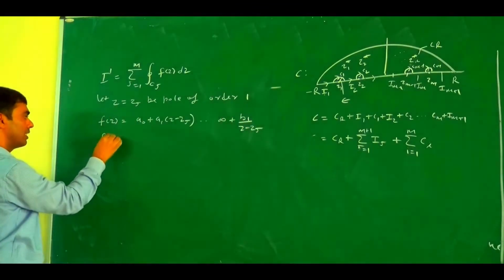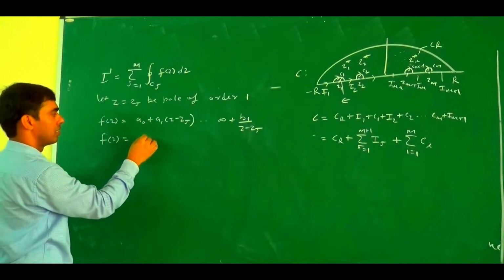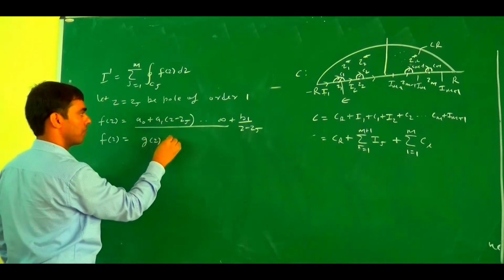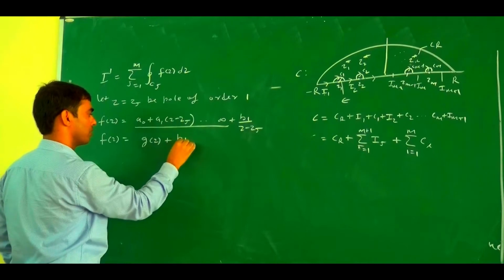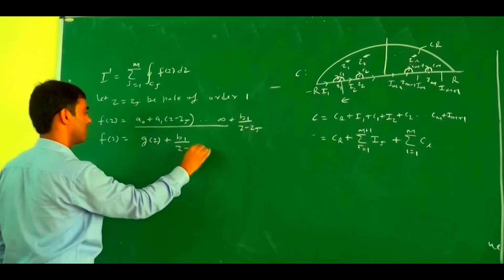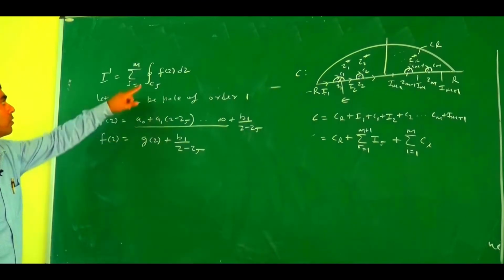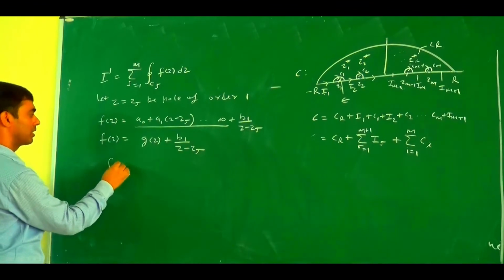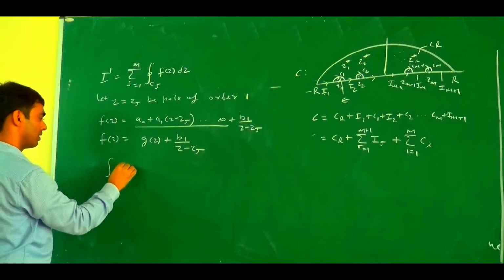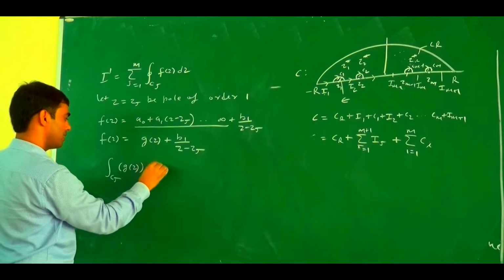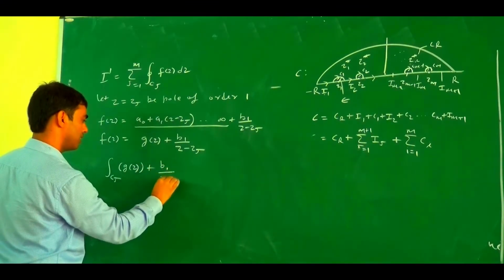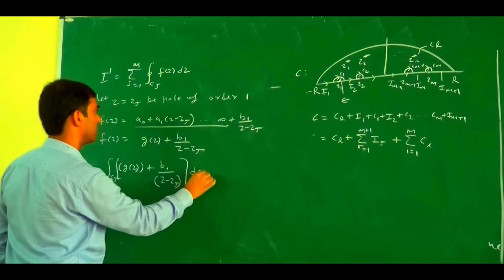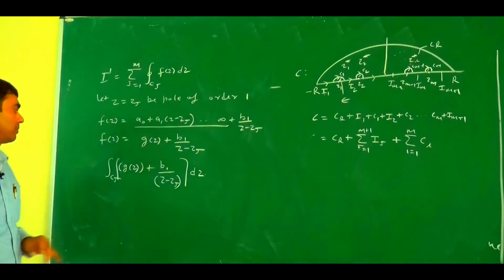Suppose the analytic part is g(z). Then f(z) is g(z) plus b1 upon (z minus zj). So here we replace f(z) in the integral over Cj, with g(z) plus b1 upon (z minus zj), dz.